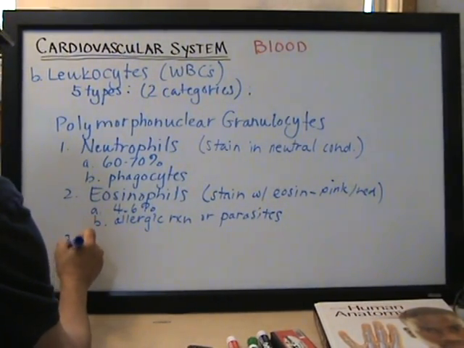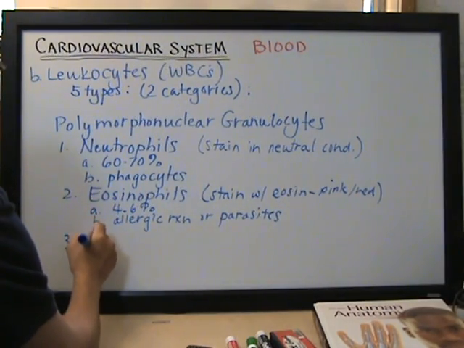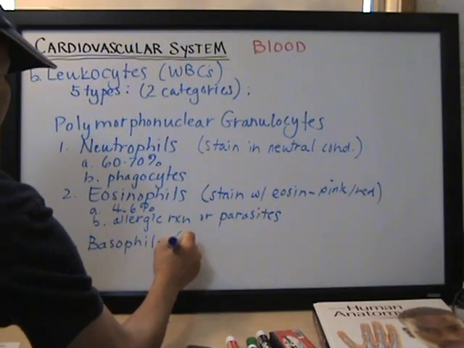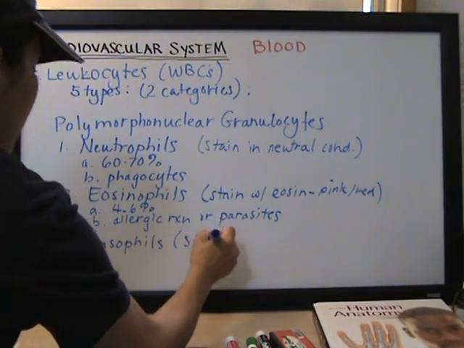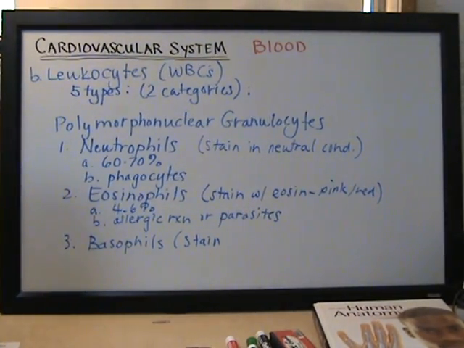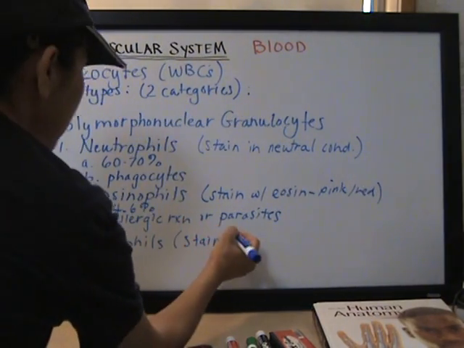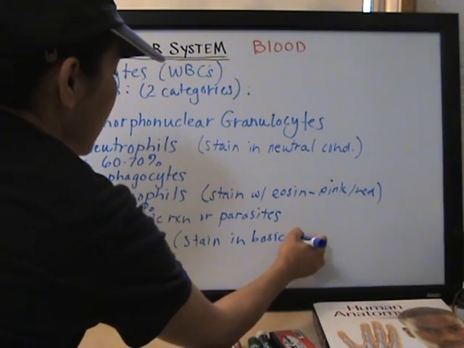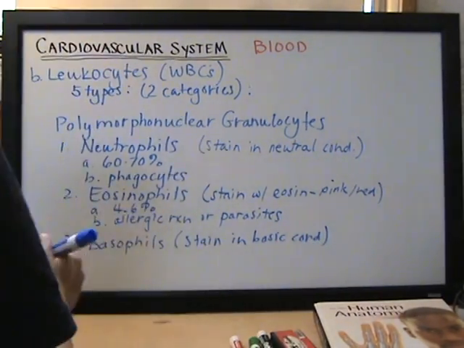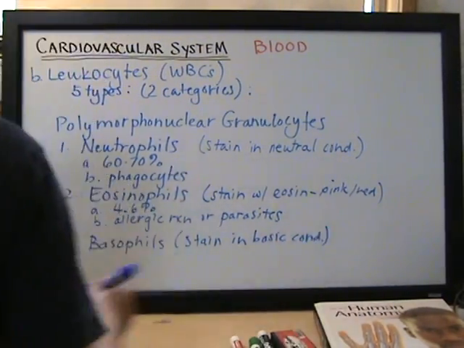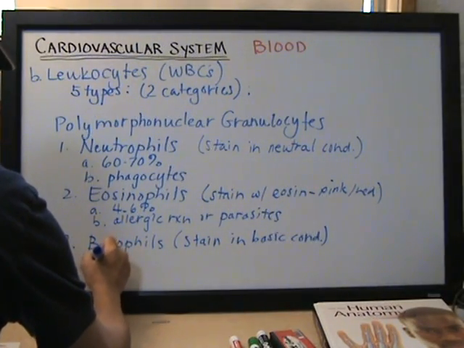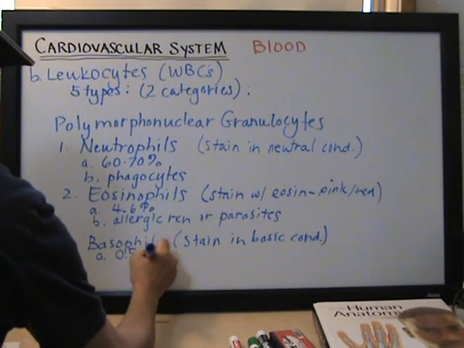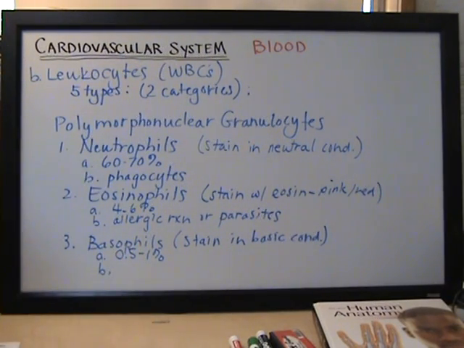The last of the polymorphonuclear granulocytes are the basophils. The basophils stain in basic conditions, higher pHs. Hard to find these. They're only about 0.5 to 1% of all white blood cells.